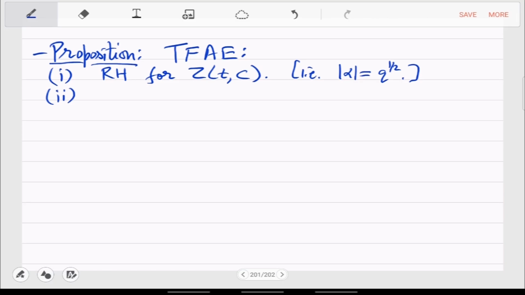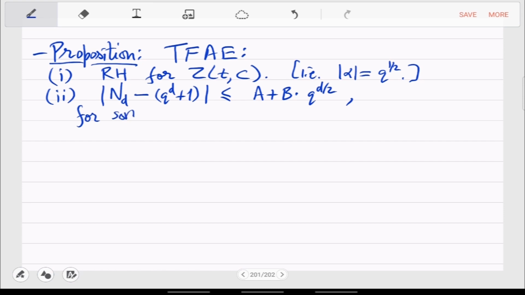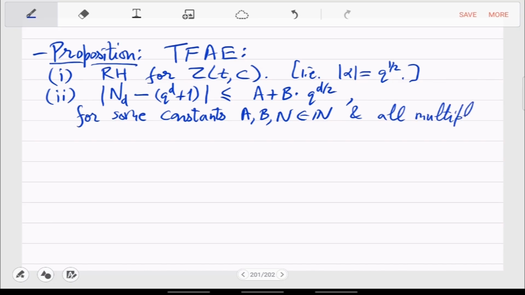So as long as nd minus q to the d plus 1 is less than or equal to a plus b times q raised to d by 2, for some constants a, b, n, and all multiples d of n.